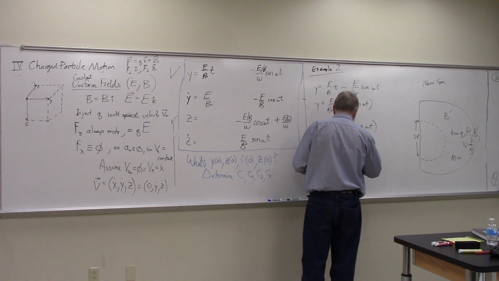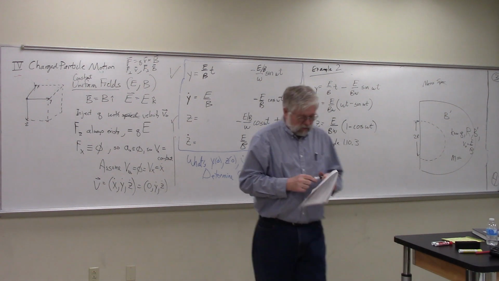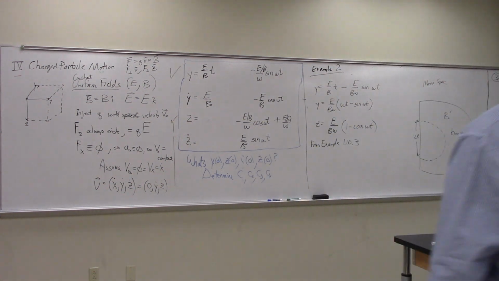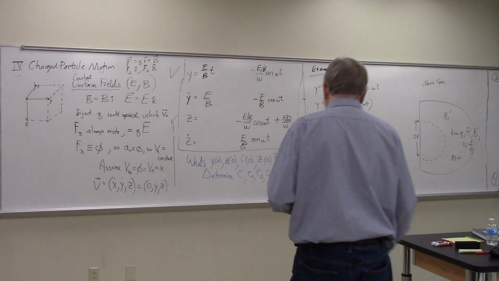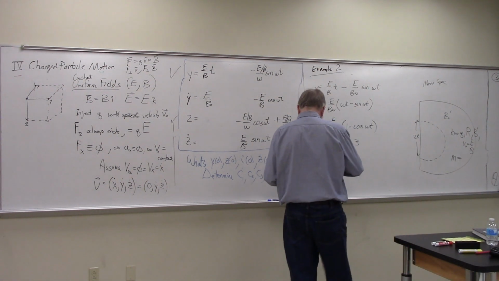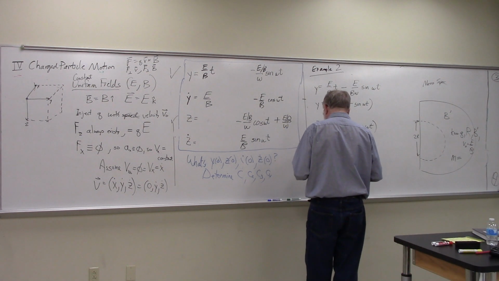Problem 1.10.3. We worked through that in class in great detail, and I think that was one of your first mathematical assignments, where I asked you to do things like plot the motion and the speed, acceleration, and things like that. But here is part of that problem.